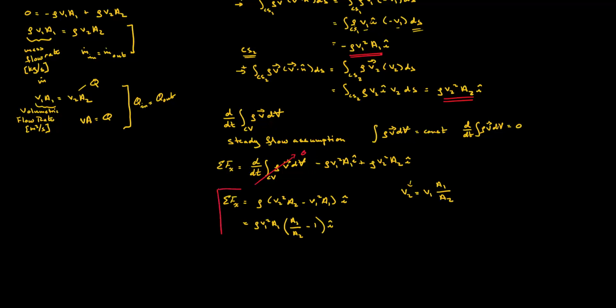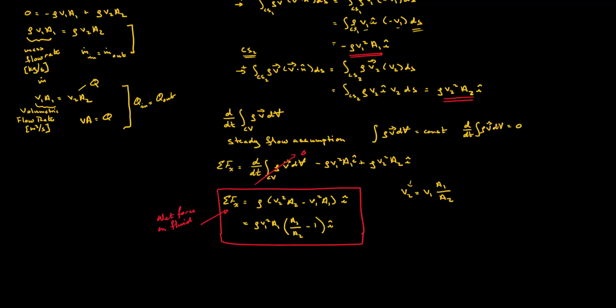And so this is the net force on the fluid. This is what we were looking for in the second part of the problem. This is the net force acting on the fluid that causes the change in momentum that we are seeing in the nozzle.